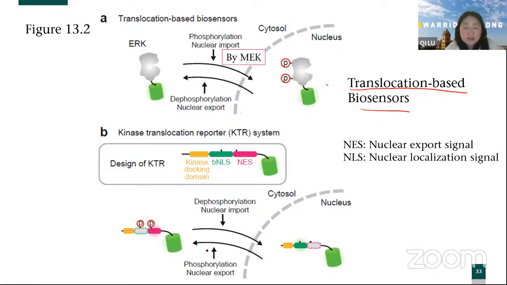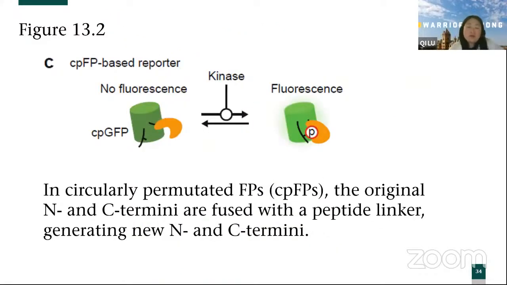But after adding the phosphorylation, the export signal is used, so the whole protein is located in the cytosol. So dephosphorylation goes inside, phosphorylation goes outside. And in this translocation, phosphorylation goes inside, dephosphorylation goes outside. These two steps are different.